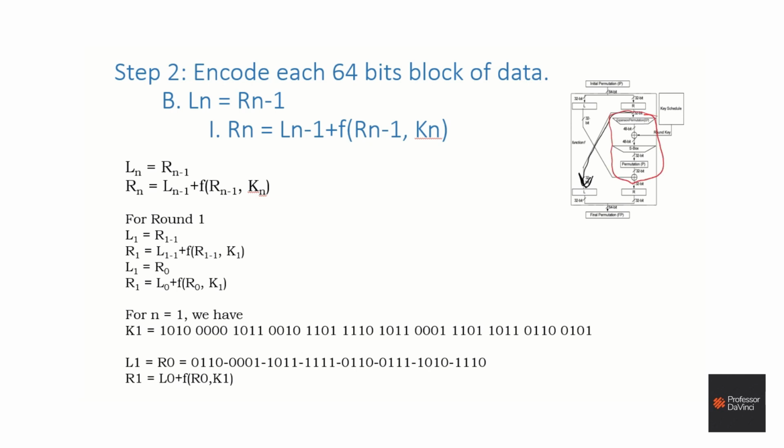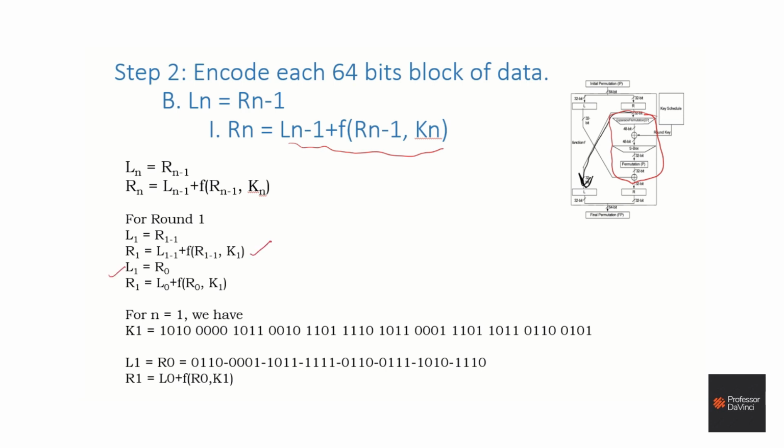So L1 equals the previous R0. And what is R1? R1, we need to perform some mathematics with L0. So for round 1, L1 equals R1 minus 1, and R1 equals L1 minus 1 plus a function of R1 minus 1 comma K1.